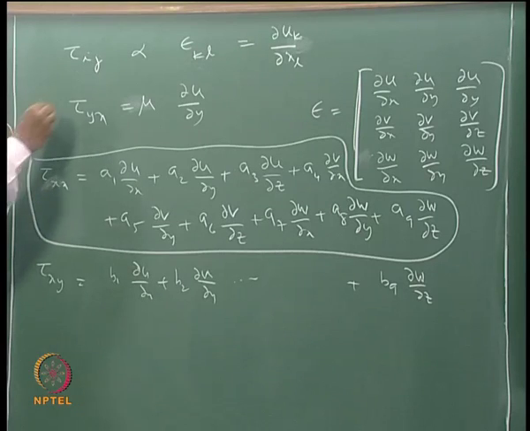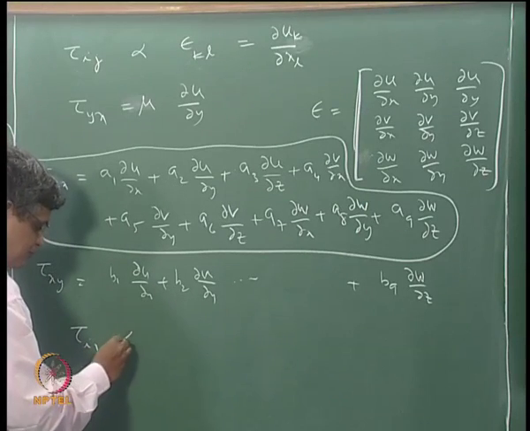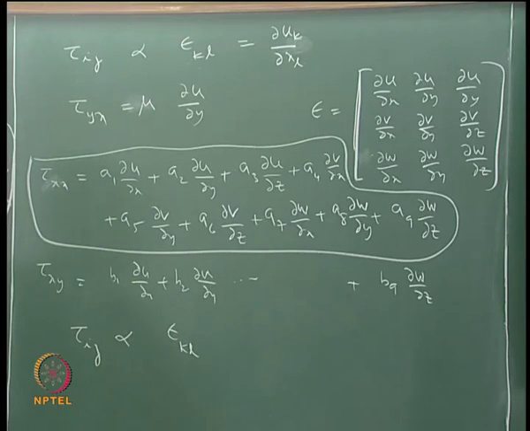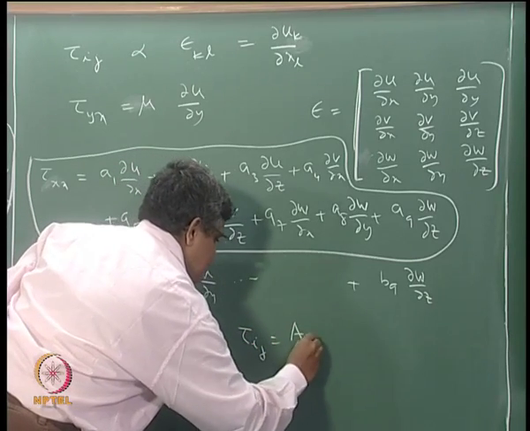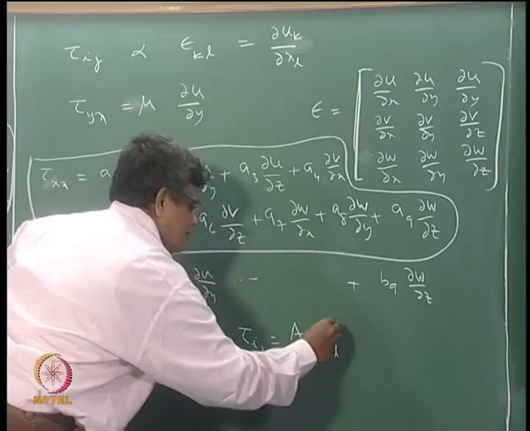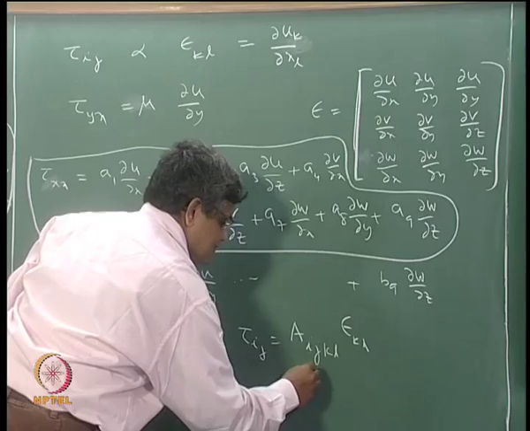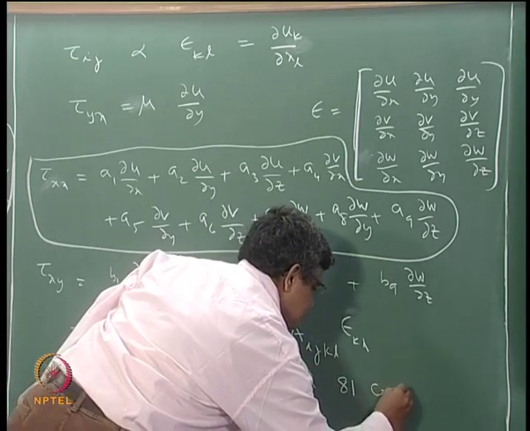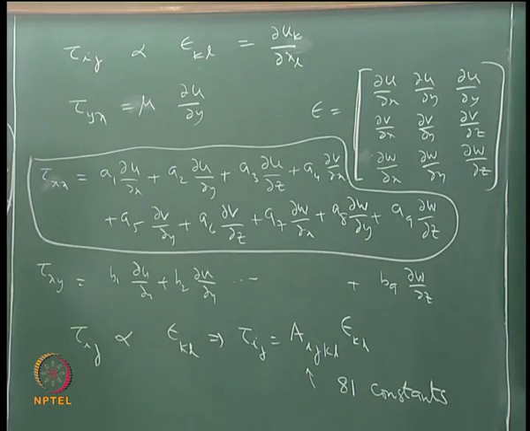So if you want to express a general relation between tau ij as being proportional to epsilon kl, then we have to express this as tau ij equal to some a ij kl times epsilon kl, where this is a matrix with 81 constants, and we can see where the 81 constants are coming from.